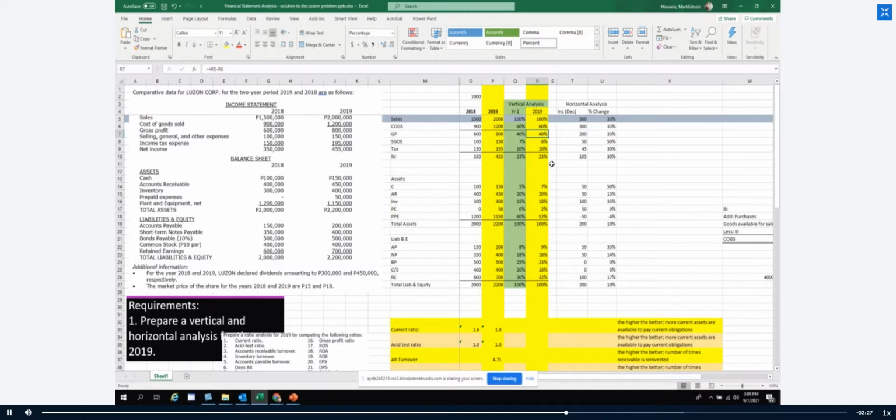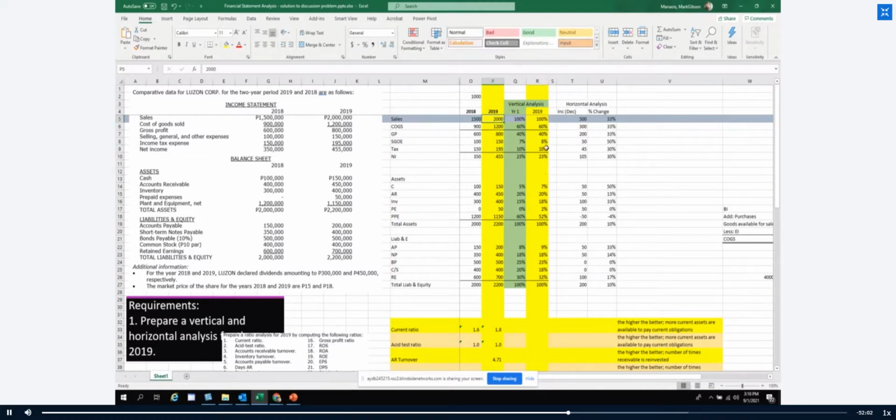And then for your selling, general and other expenses, so that's 8%, no? So that's 150,000 divided by 2 million. So that's 8%. And of course, for the tax, so that's 195 divided by 2 million.